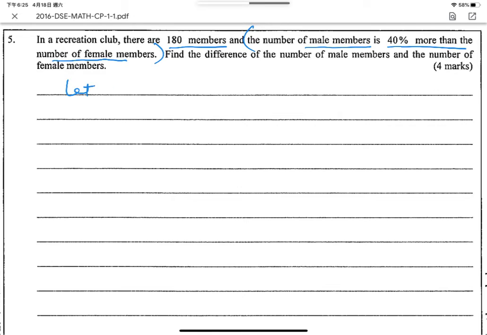So let's let M be the numbers of male members, and N be the numbers of female members.